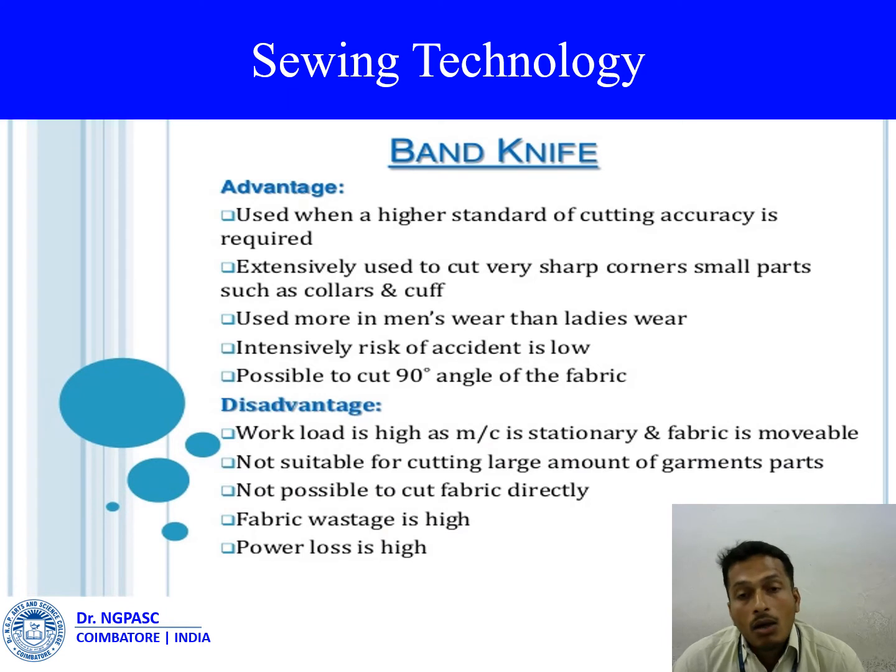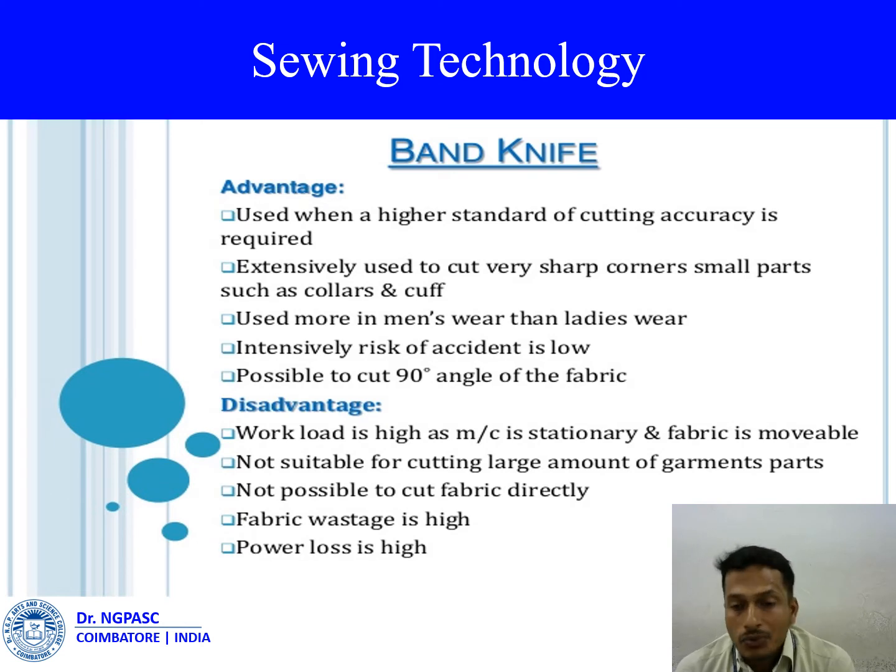Next, what are the advantages of the band knife? It is used when a higher standard of cutting accuracy is required. You can cut accurate measurements. It is extensively used to cut very sharp corners and small parts such as collars and cuffs, etc. We can cut 90-degree corners of fabric also.